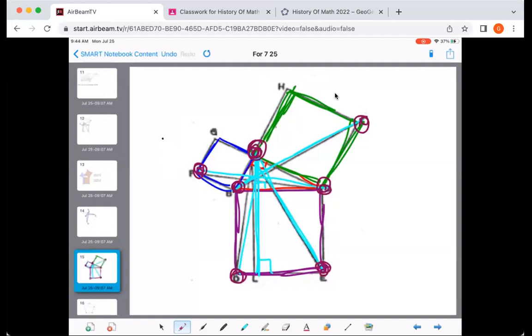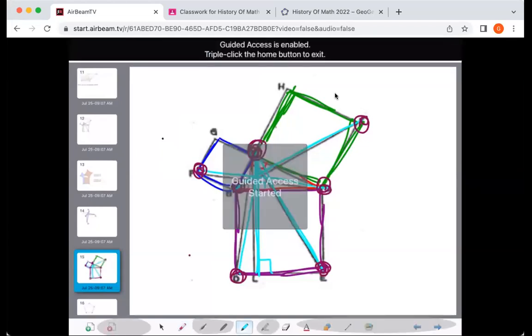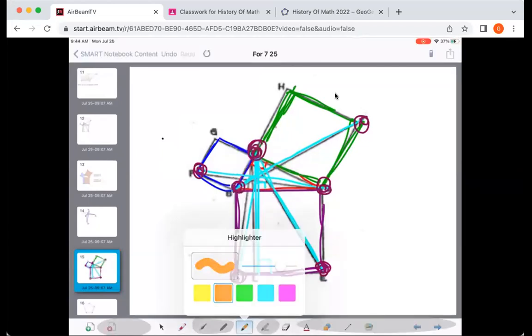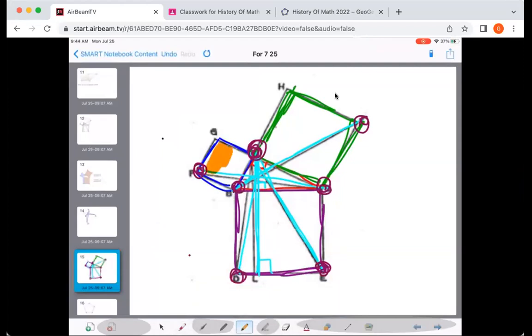Now the plan is to show that this small square has the same area as this rectangle here. So you see that altitude, the first line that I drew, it splits the big square into 2 rectangles.